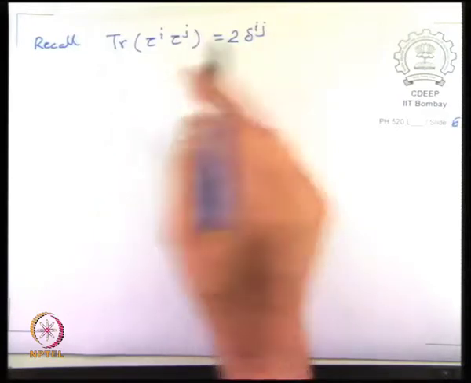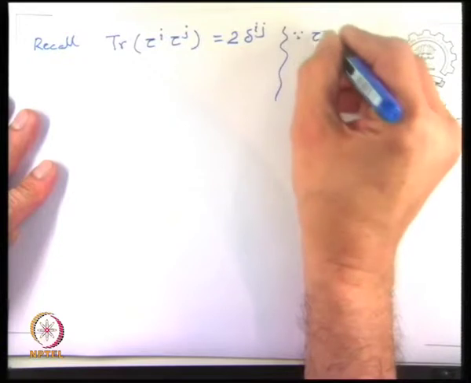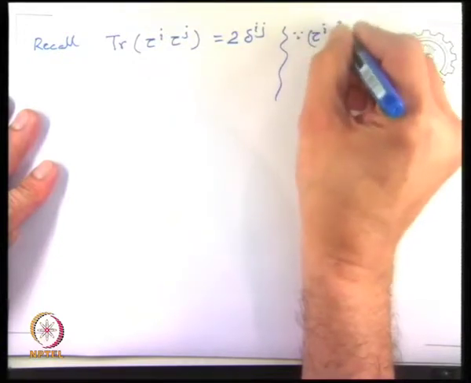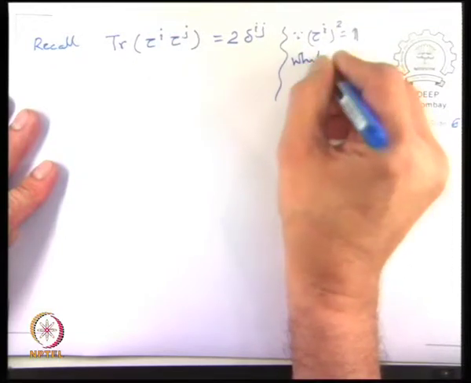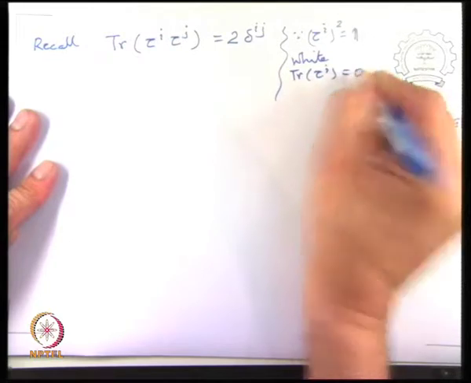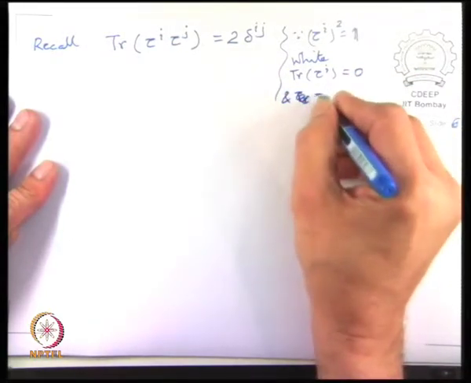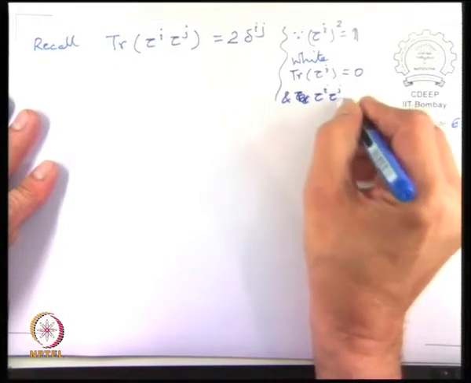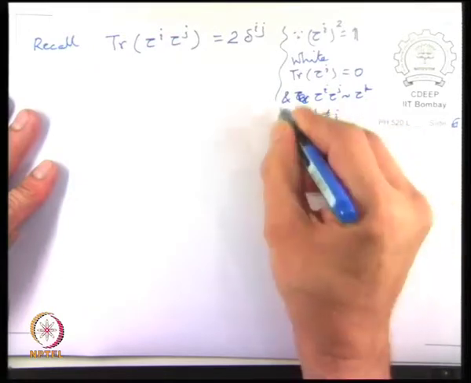Tau squared is... So while trace tau i equals 0, and tau i tau j is tau k if i not equal to j, right.